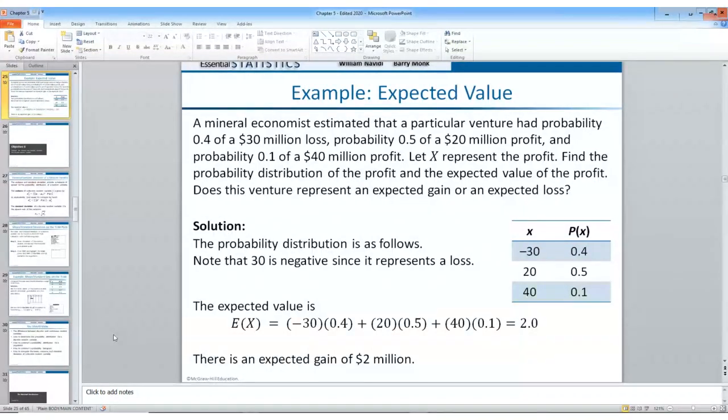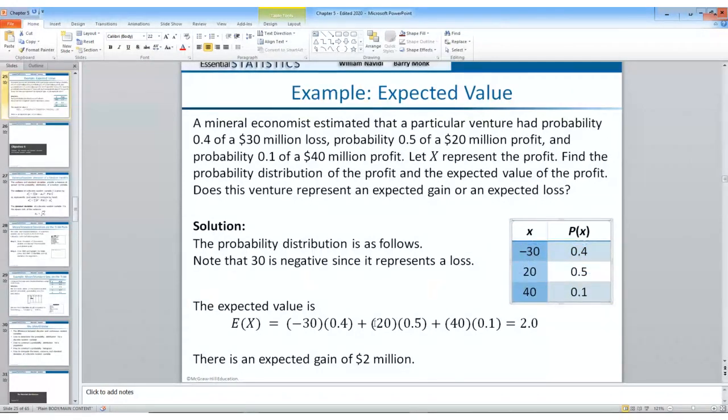So what this is intended to do is find out whether these scenarios are good or bad. In other words, do we want to take this risk? Well, the way we do it, we just calculate that same way we calculate that mean, except it's called expected value. So negative 30, in other words, these 3 are the outcomes here, and these are the probabilities.